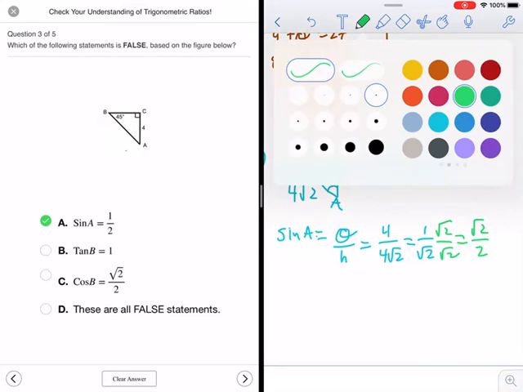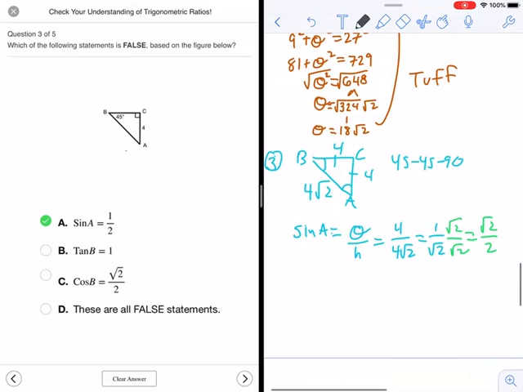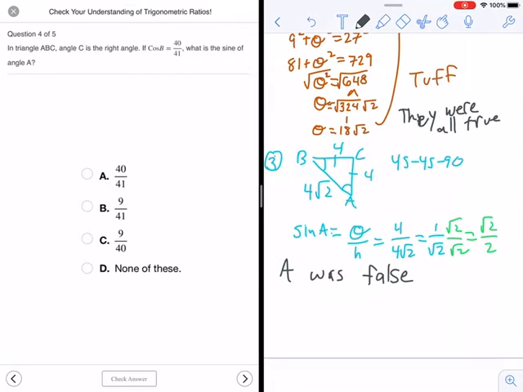So, at least this time, we found out that A was false. And number 2, we forgot to write, they were all true. Alright, so in this problem right here, tangent of B would actually be 1, cosine of B would be radical 2 over 2 like we just found for sine A, so on and so forth.